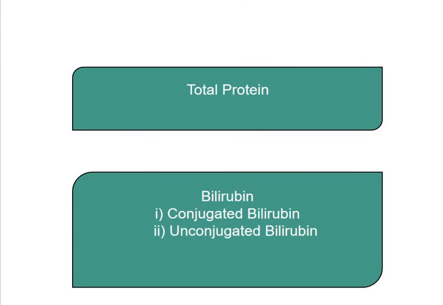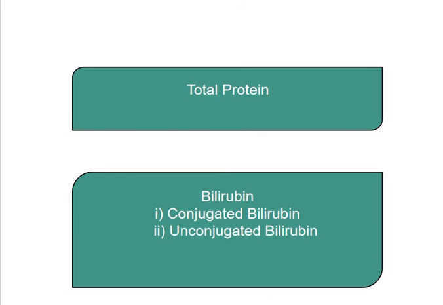So it is not always possible to compare results directly if they have been taken at different places. Also, the normal ranges of the values of liver tests are often different for males, females, as well as children.